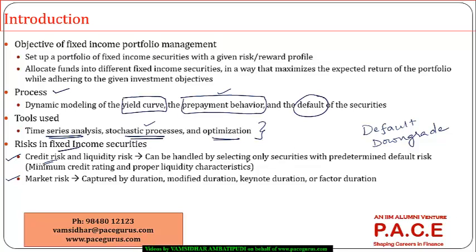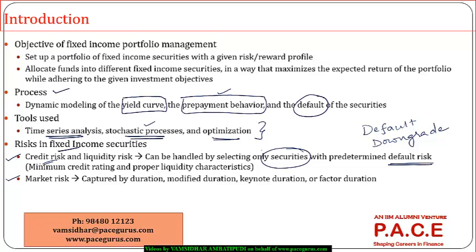So when I have to reduce my credit risk, I'll handle only those securities which have a predetermined default risk, which is like a minimum credit rating. The default risk is more and more associated with the credit rating. So I'll try to select those kinds of securities which have a minimum credit rating, so that I won't face a loss beyond a particular point while investing in those securities.